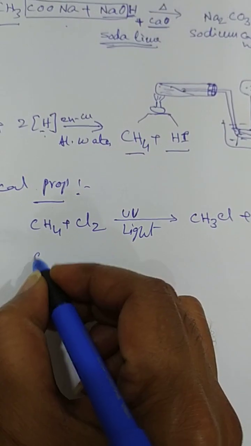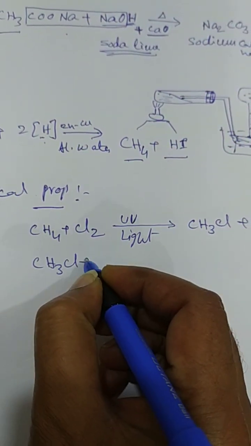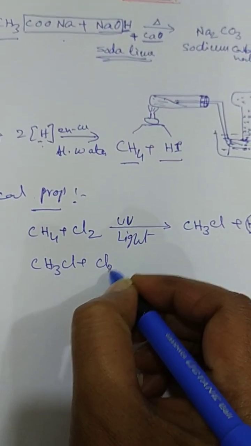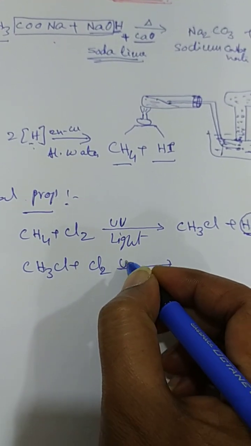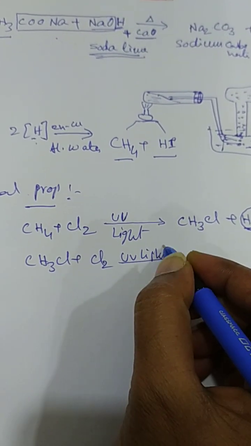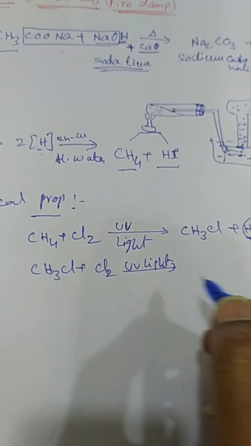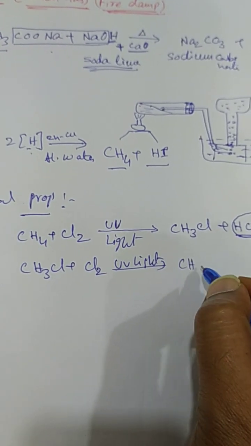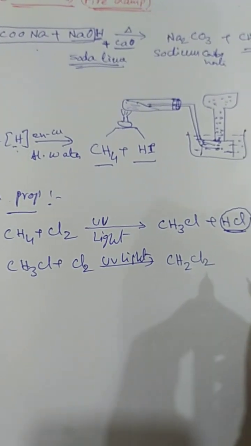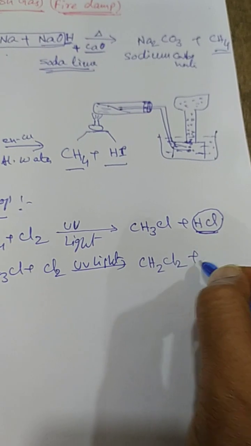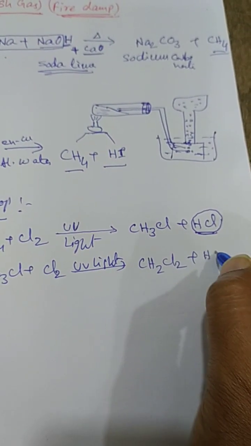In the second reaction, this methyl chloride again participates in the reaction in UV light. It is a chain reaction. So it will give CH2Cl2, dichloromethane, plus HCl again.